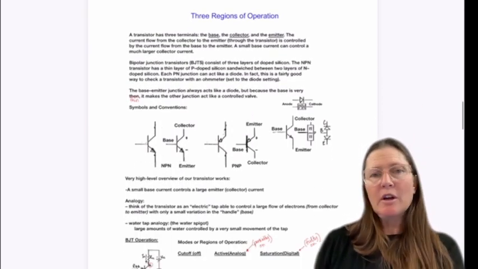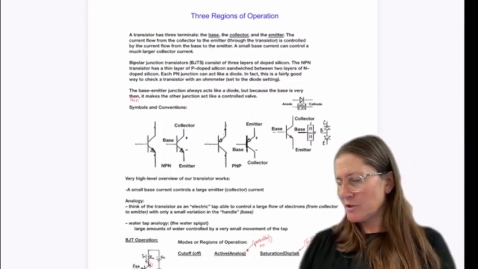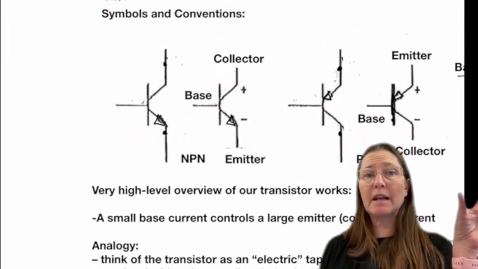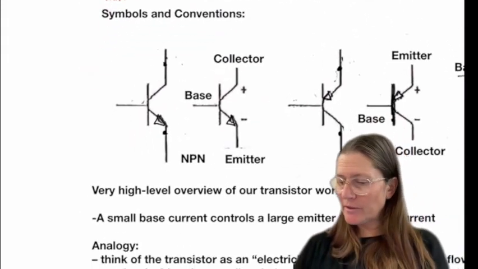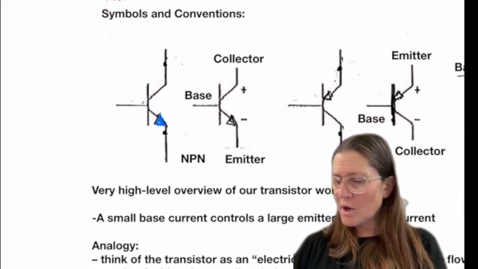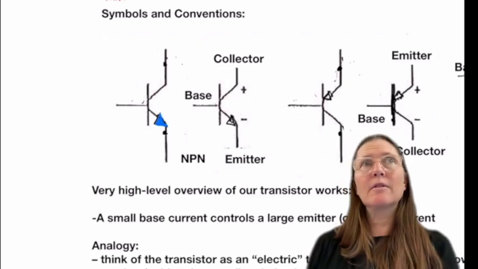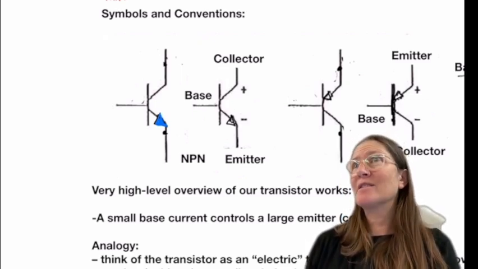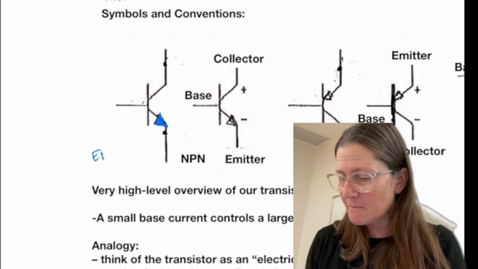Okay, so going back to the transistors themselves, we already defined this as an NPN, so it has the little arrow. What is this side of it? The arrow is the emitter side.